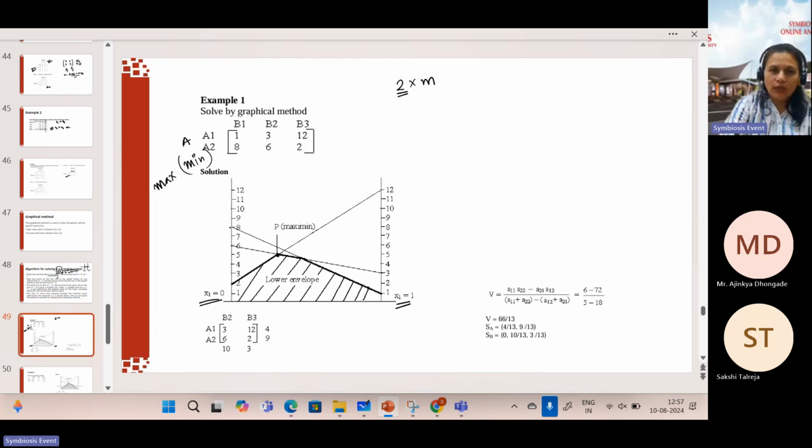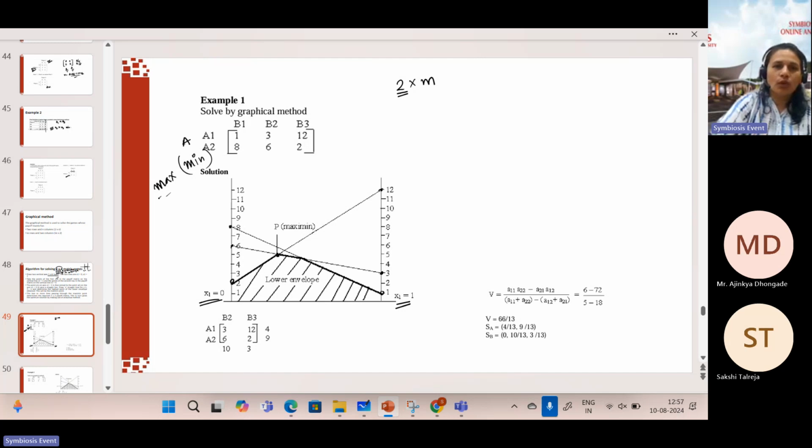You have plotted the figures, right? These are my points. I'm observing here after the plot. I'm going to take the below area, right? It is not going to be bounded. It is going to be upward or downward. So take the lower area. We call it the lower envelope. And for this lower envelope, pick the point which is highest in it.